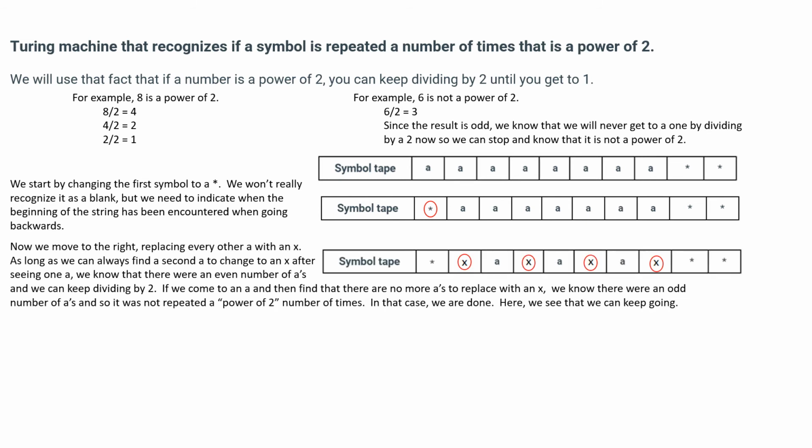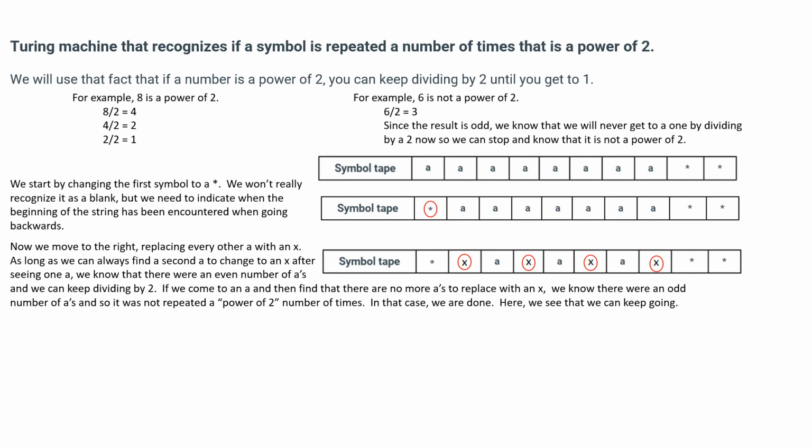Now, what are we going to do? We have to figure out if the number of A's is a power of 2. Remember, we're going to use that fact that we can divide by 2. So what we're going to do is mark out every other A that we see. And that's basically going to divide the number of A's by 2.